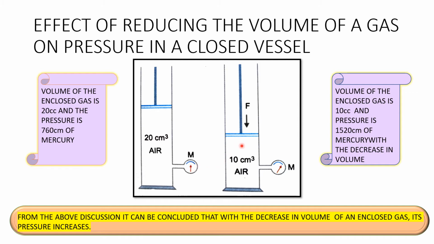In another vessel, if we reduce the volume of gas to 10 cc, the pressure will increase up to 1520 cm of mercury. From the above discussion, it can be concluded that with the decrease in volume of an enclosed gas, its pressure increases.